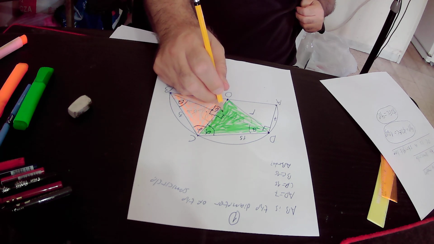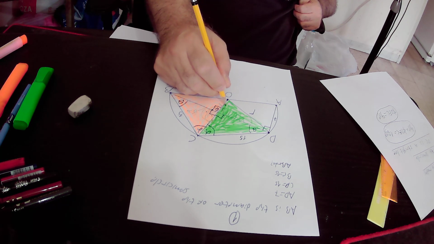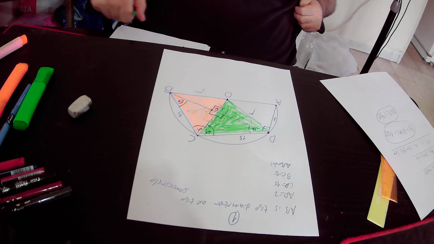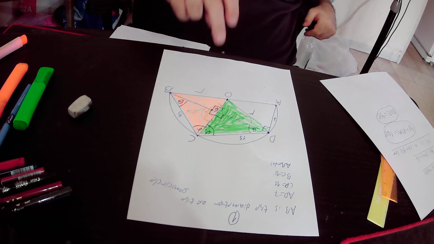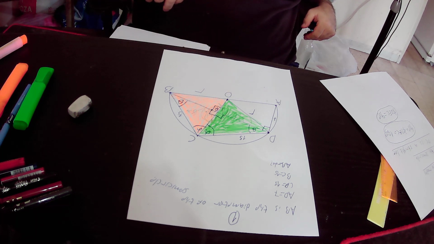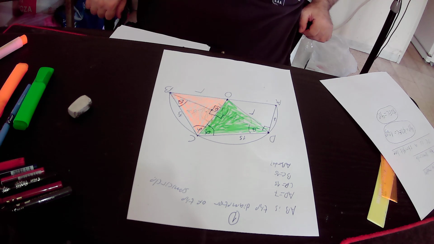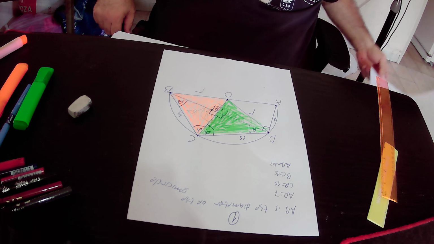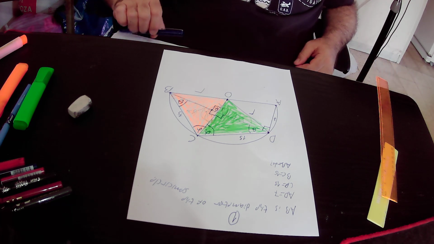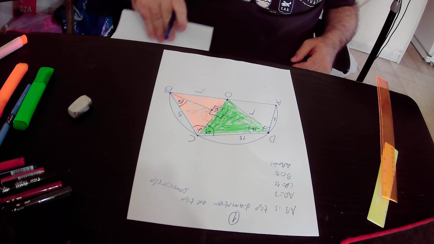We will define this angle as angle y, and we know that the sum of those three right angles is 90 degrees times 3, which is 270 degrees. Okay, and we have rule number 3.